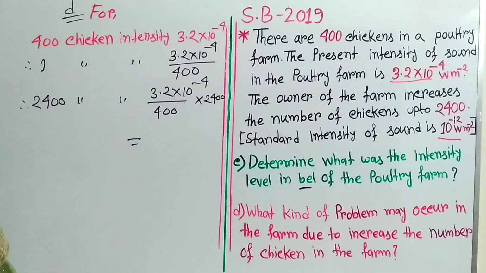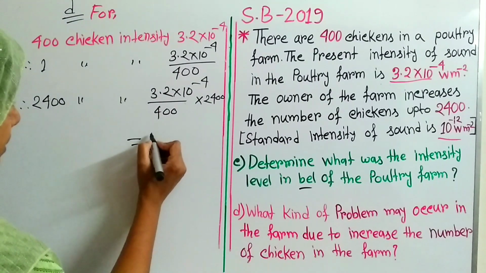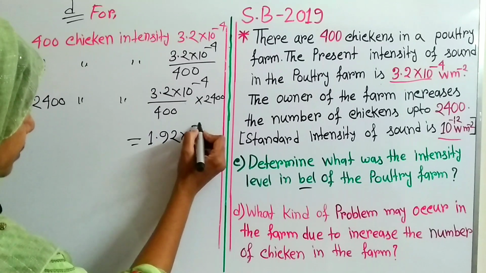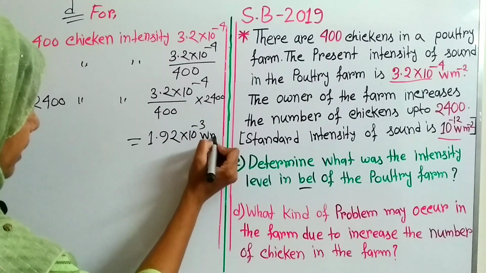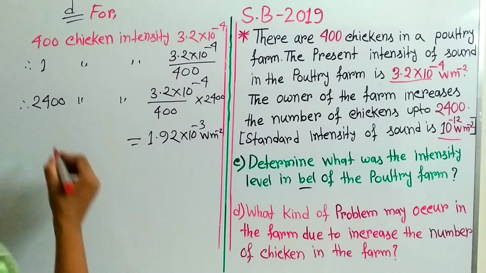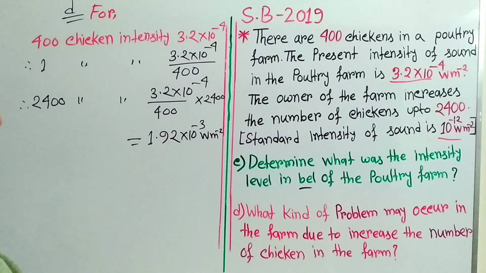So after calculating it, you will get the value 1.92 into 10 to the power minus 3 watt per meter square. And this is the value for 2400 chicken.